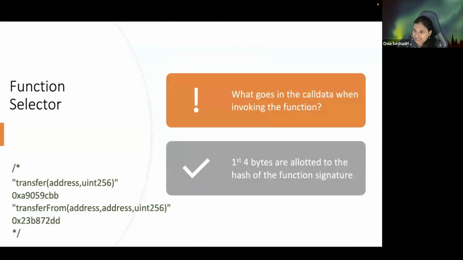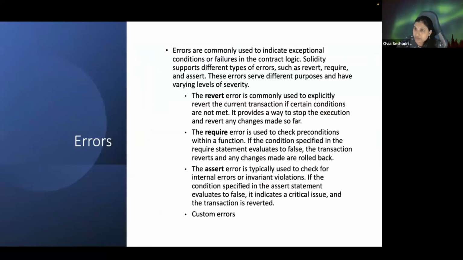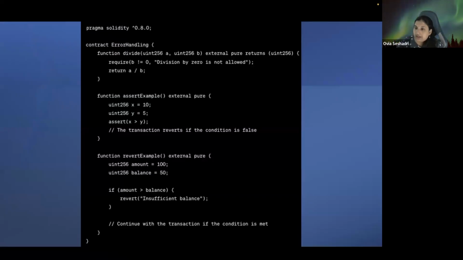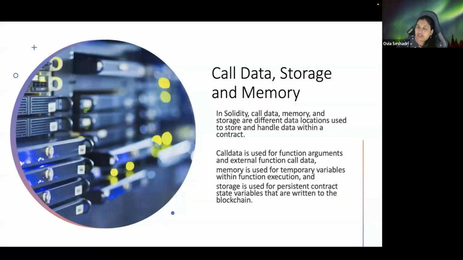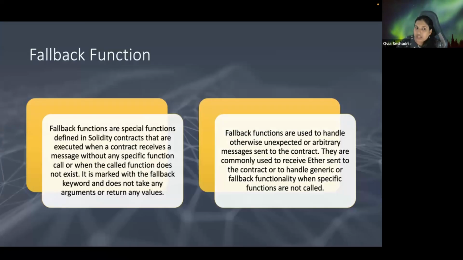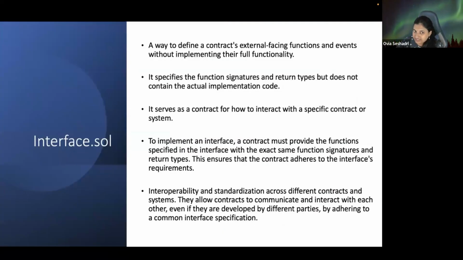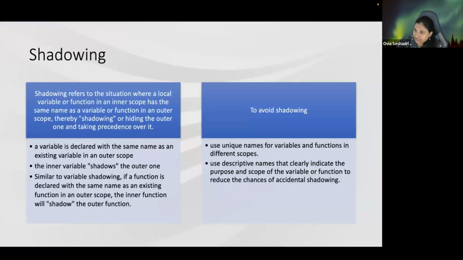We saw what function selectors are, function modifiers, function events, what errors are, the 4 types, that is revert, require, assert, and custom errors. We saw the 3 types of memory locations called data storage and memory. And we saw what fallback functions are, receive functions. We saw what inheritance is. We'll cover interfaces in the next session, and we saw what shadowing is.